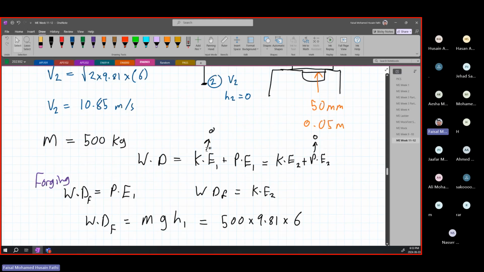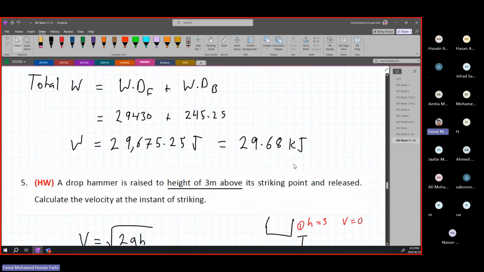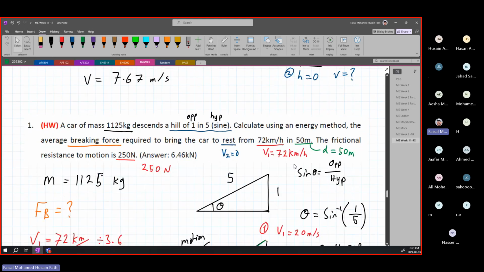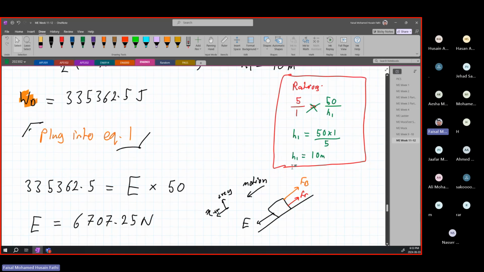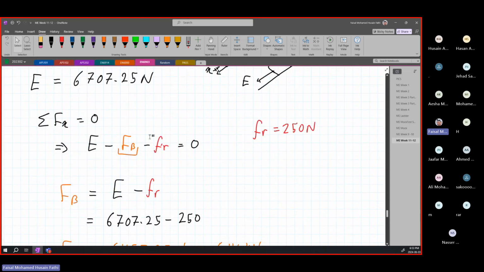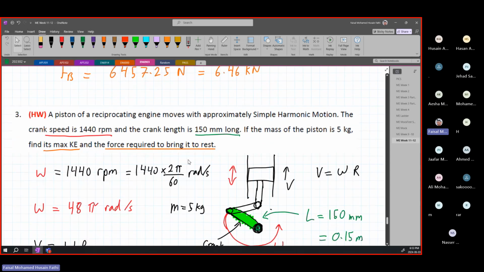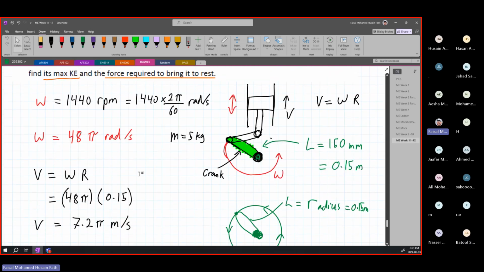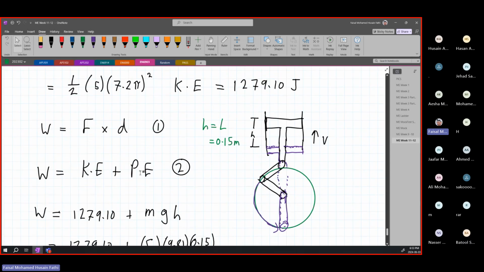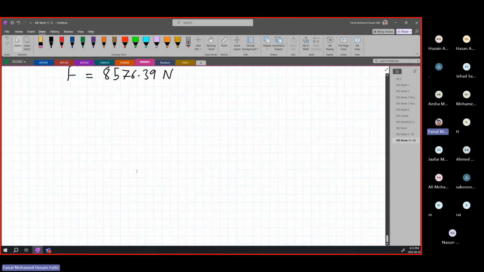We will see that in the next session, so you don't get confused when it comes to impulse and momentum. When we're talking about kinetic and potential energy, the work done is basically the sum of the kinetic and potential energy at a specific point. All right, let's continue on with the next question.